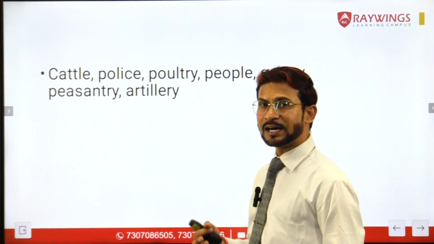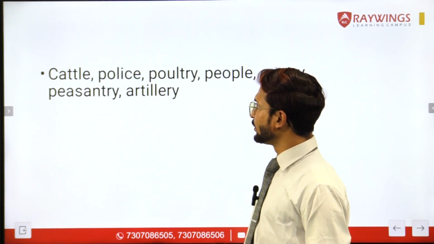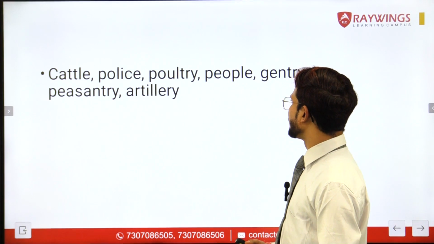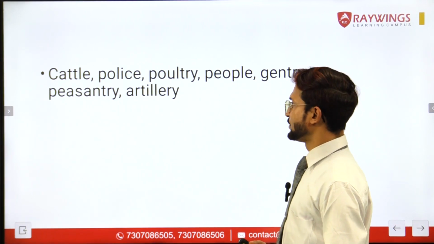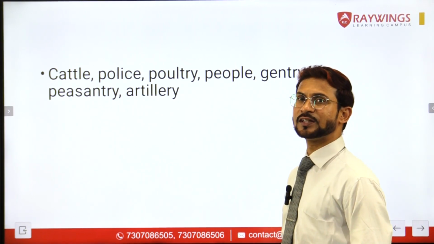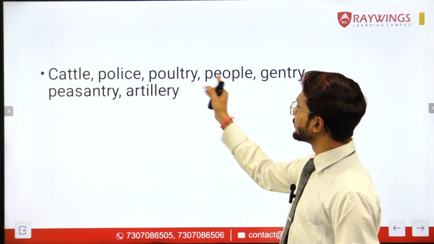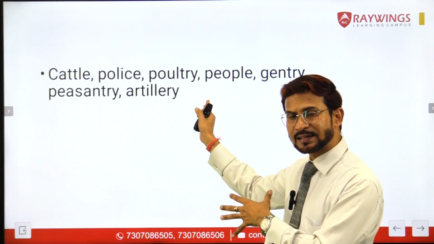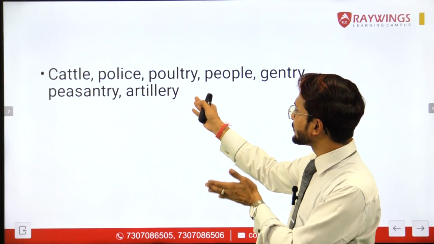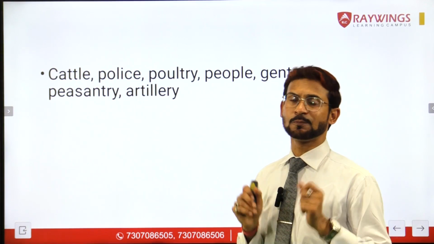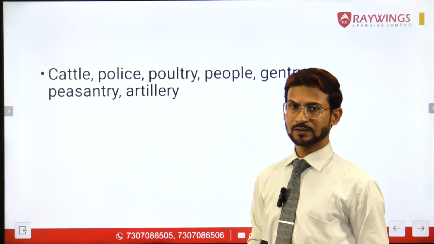The first set of nouns has words like cattle, police, poultry, people, gentry, peasantry, and artillery. So these words do not have s at their end, as you can see, but still they are used in the plural form and they will always have a plural verb after them.